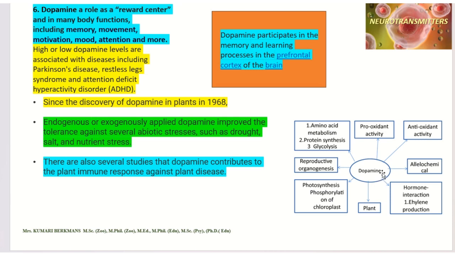Dopamine enhances allelochemicals. It also enhances hormone interaction, that is, ethylene production. So dopamine is very, very helpful in plants in various ways. All these ways are given here, so make a note of it.